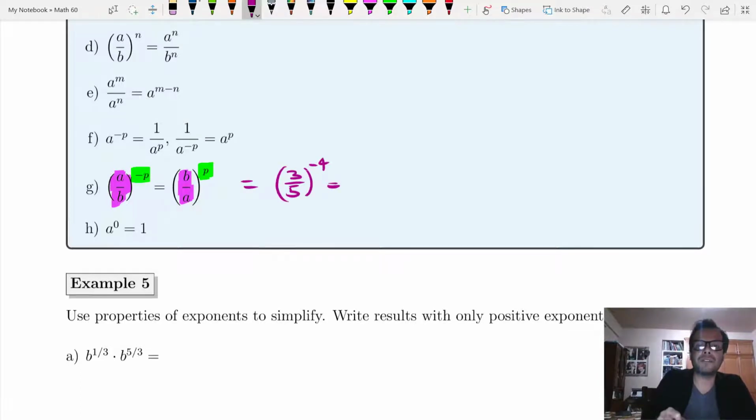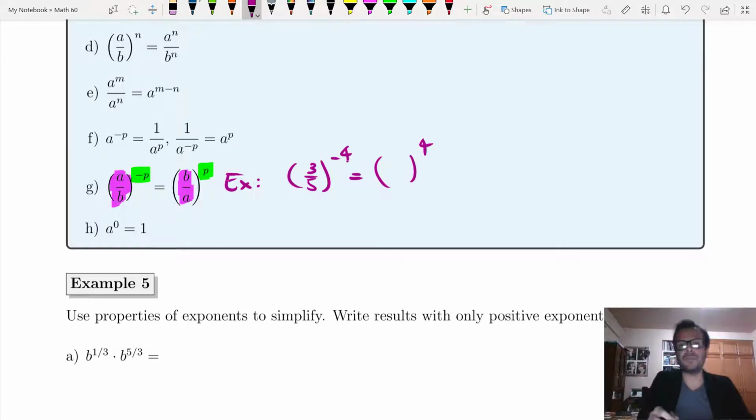This is the same as saying, let me erase everything. Okay, example: 3/5 raised to the negative fourth power. I can just change that power into a positive one, provided we flip the rational quantity inside of the parentheses.